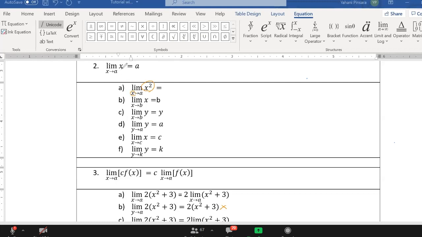But in the law you have x here and you have x here. So these two things should be equal. Otherwise you can't use this law. Here these things are not equal, so you can't apply this law, right?